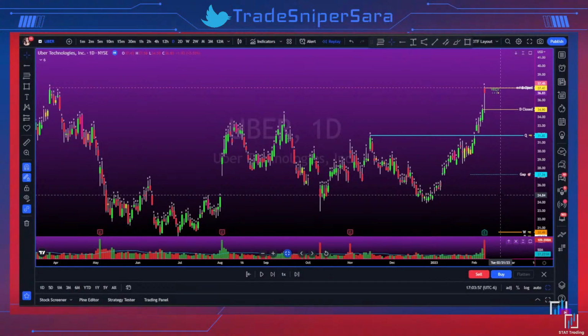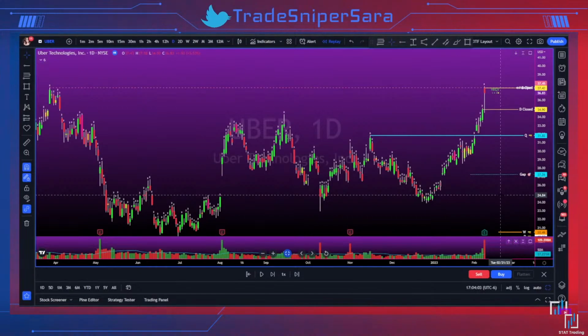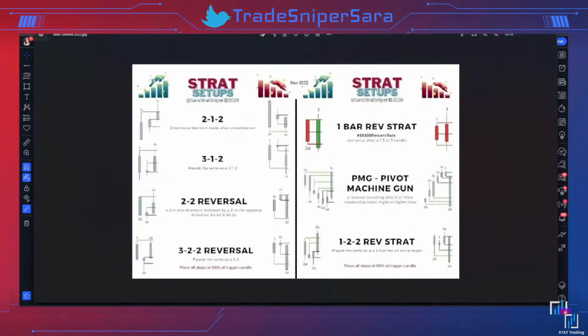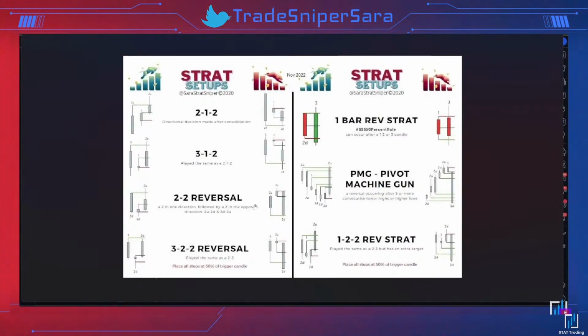And speaking of targets, most targets when you're playing a gapper are going to come from intraday price action because there's no really other price action around. So it's going to come from your actionable signal strat setups on the intraday smaller time frames, right?